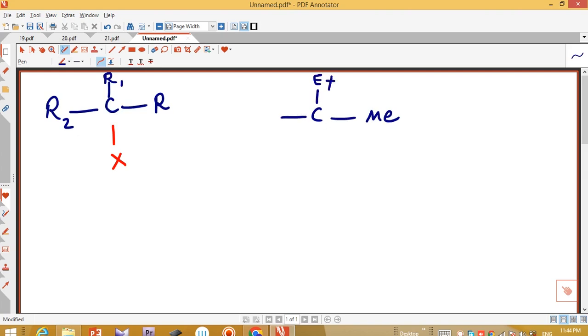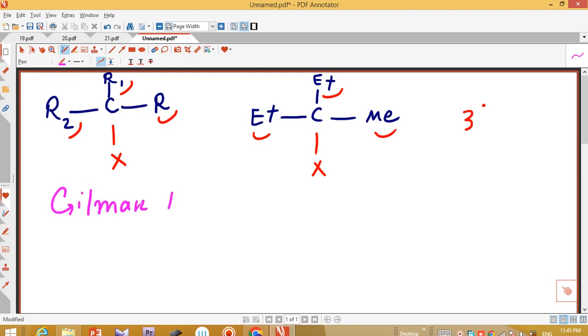Also, we will have carbon type 4 that I didn't speak about here, later I will explain. It is quaternary. Okay, so again, 3 carbons are connected to CX, or our carbon. You can see we have 3 alkyls, 3 carbons. So it is carbon type 3, or tertiary carbon.